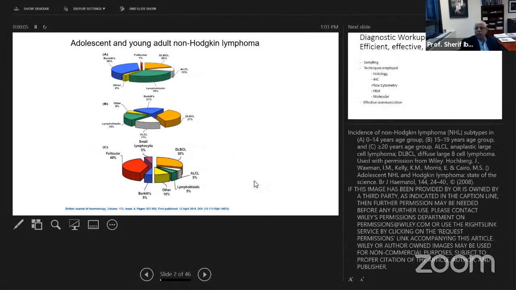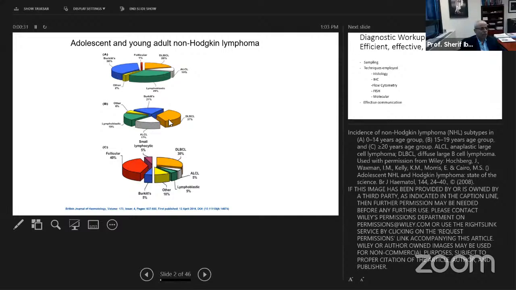So that slide confirms what we know, that in pediatrics, non-Hodgkin lymphoma is not a very common disease. Most cases in very young age pediatrics of non-Hodgkin lymphoma are Burkitt's lymphoma, followed by lymphoblastic lymphoma, while diffuse large B-cell lymphoma is sort of rare, and the same for ALCL.